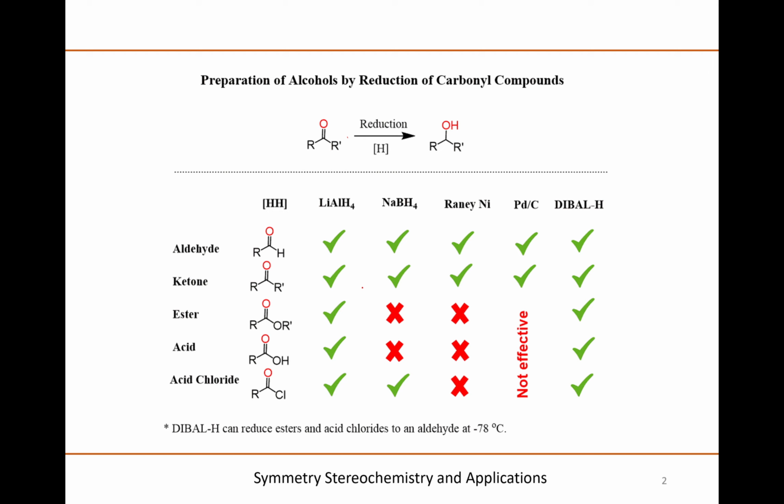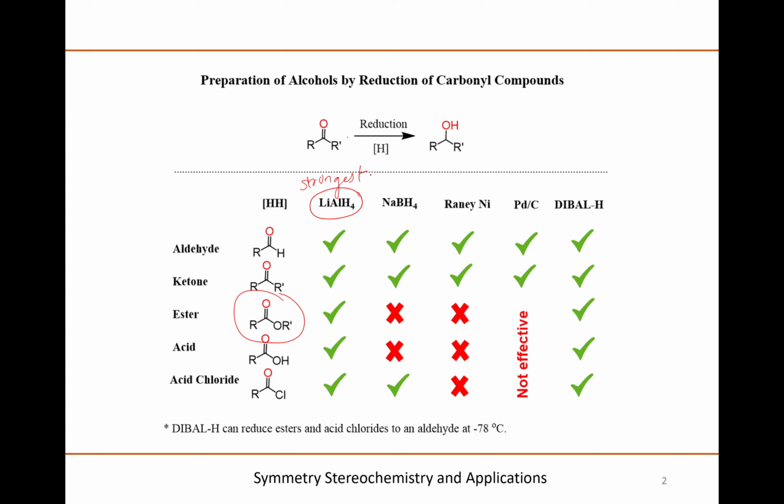Talking about the ester functional group, it is reduced only by specific reducing agents. Ester could be reduced by lithium aluminum hydride because LAH is the strongest reducing agent. As you can see here, all the different functional groups can be reduced by LAH, right?